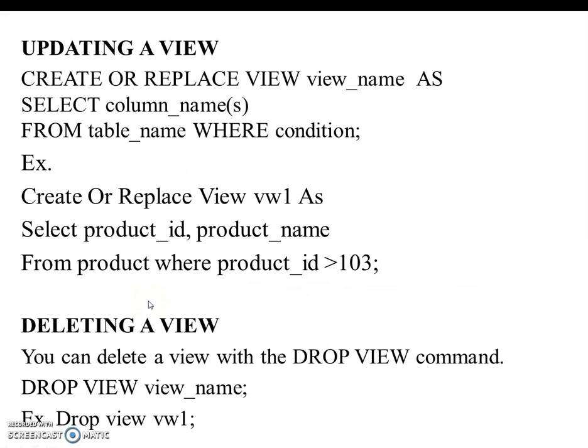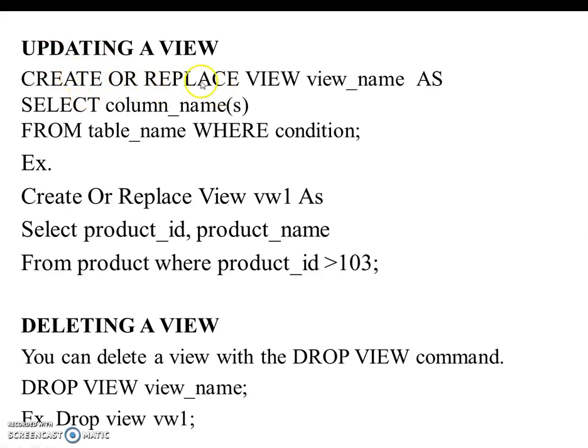Let us see how to update a view. The create or replace statement is generally used to update a view. The syntax is create or replace. You need to write create or replace together, not just replace, not just create. If you are creating, use create, and if you are updating, please use the create or replace statement.